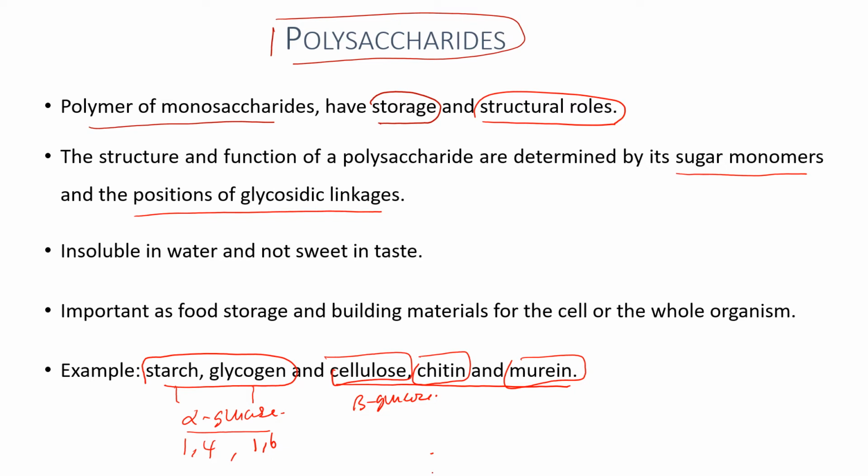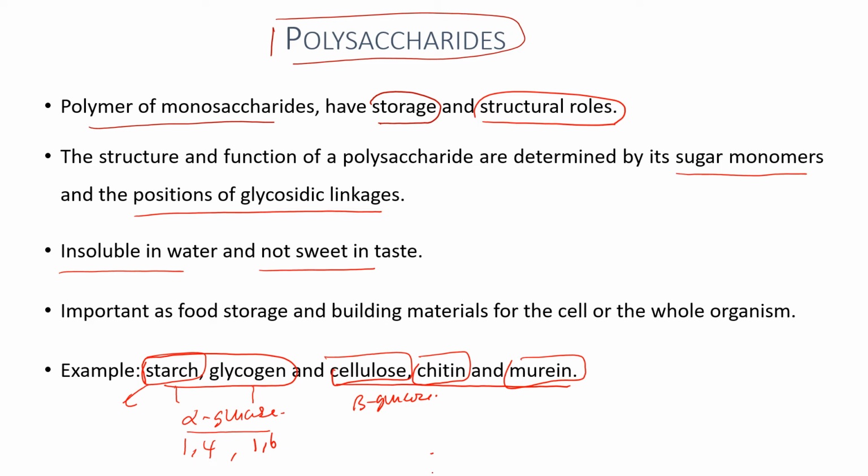Usually polysaccharides are insoluble in water due to their large structure, and they are not sweet in taste. For example, starch, which can be found in potatoes: if you eat potatoes, it is not sweet compared to the table sugar that you add in your drinks.